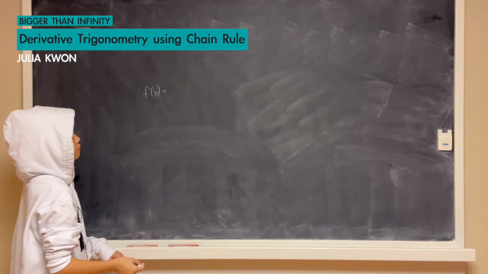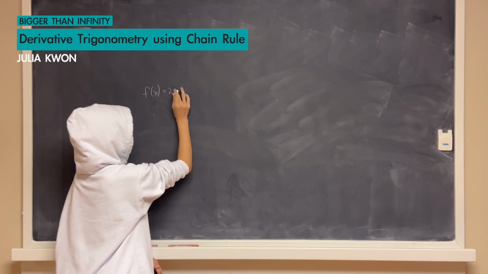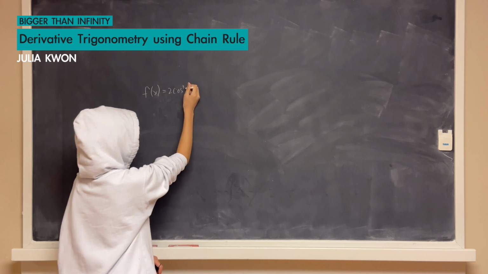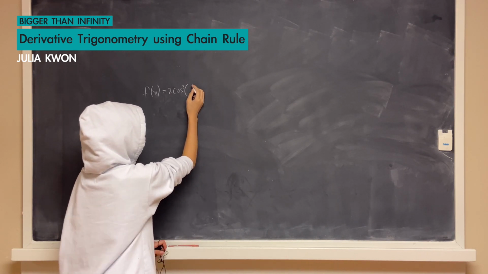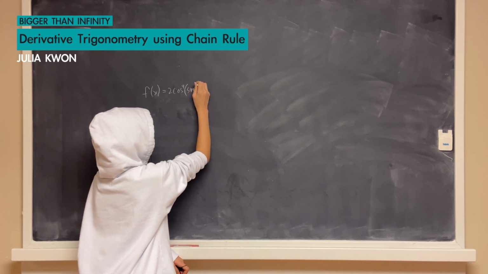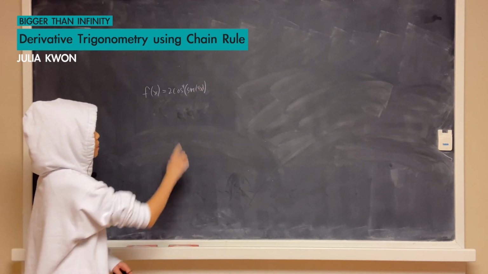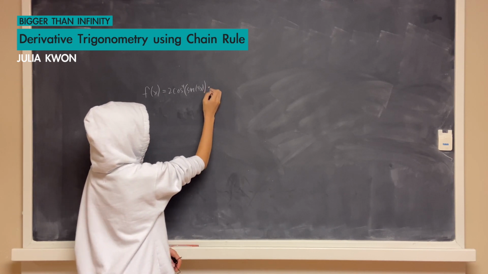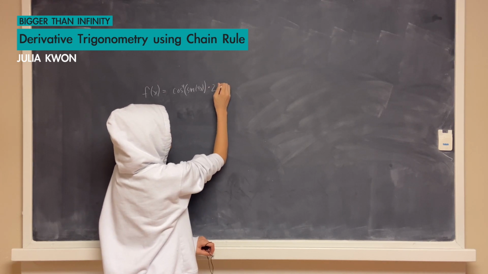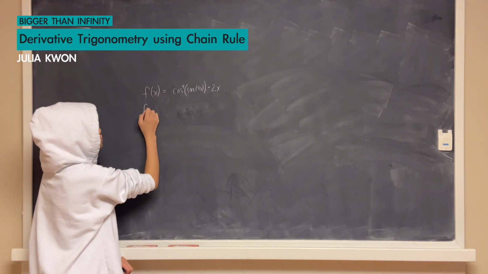So if we have the function cosine to the power of 4 of sine of 4x, and we multiply this by 2x, we'll have to use the product rule to find the derivative of this function.